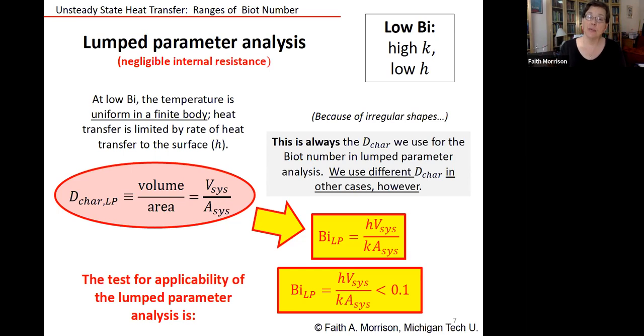If you'll remember, when we talked about that kind of problem, we said we would use the macroscopic unsteady state balance when we had an unusually shaped material, or when we didn't care about the temperature inside the object.